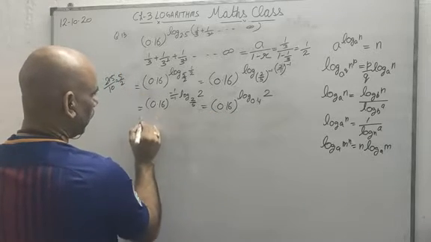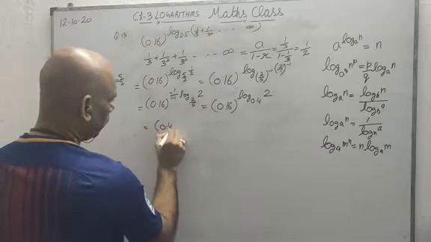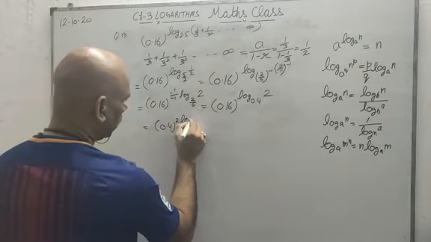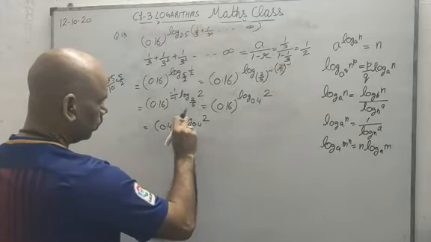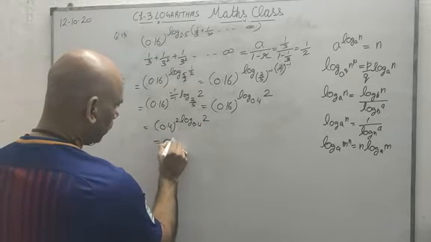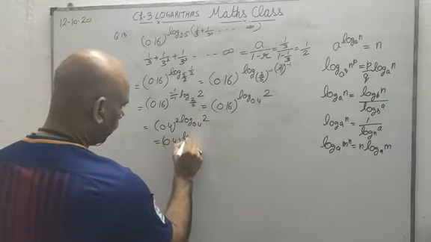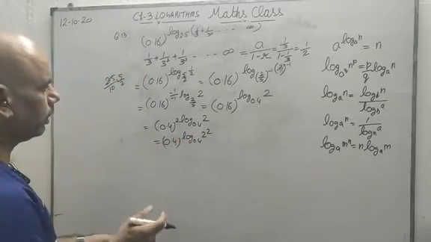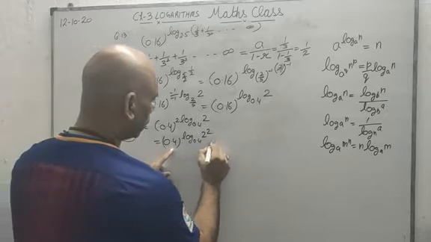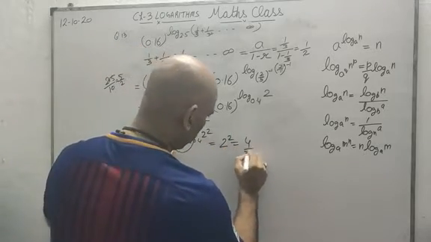So I will write 0.4 square to the power log base 0.4 of 2. This 2 will go in the power, so 0.4 to the power log base 0.4 of 2 square. As you can see that now the bases are the same, so the answer is 2 square, that is 4.